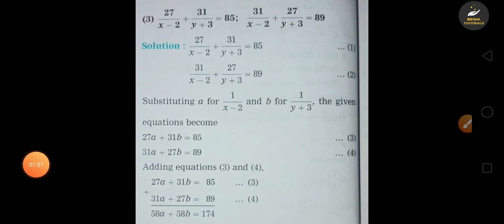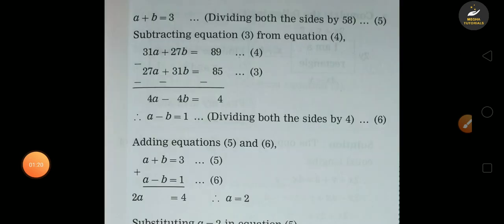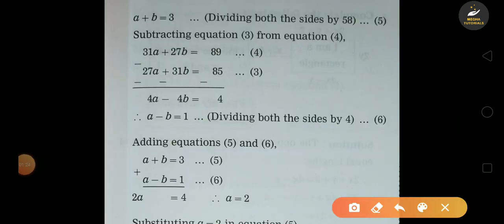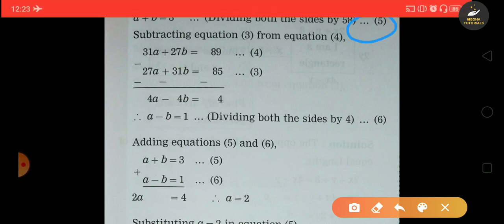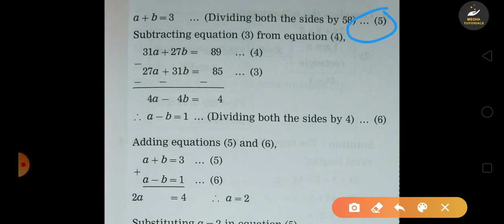So you can take 58 common, so you will get 58 in bracket a plus b is equal to 174. So in the next step, a plus b is equal to 174 upon 58. So that you will get a plus b is equal to 3. So this is equation 5. Okay. Then subtract equation 3 from equation 4. So after subtraction you will get 4a minus 4b is equal to 4.